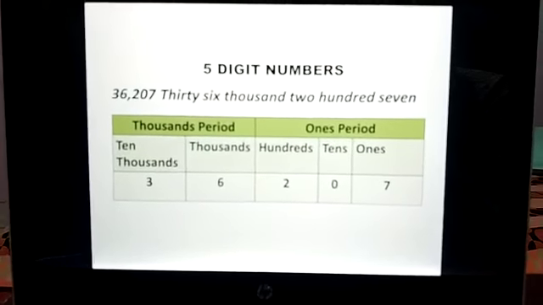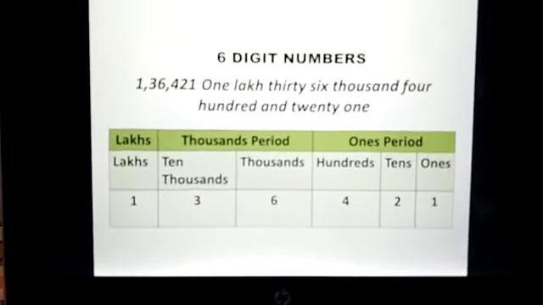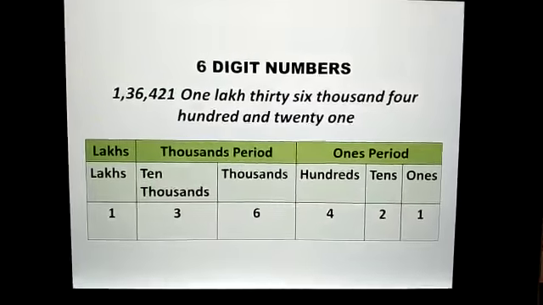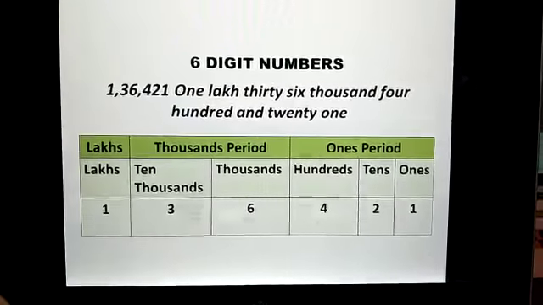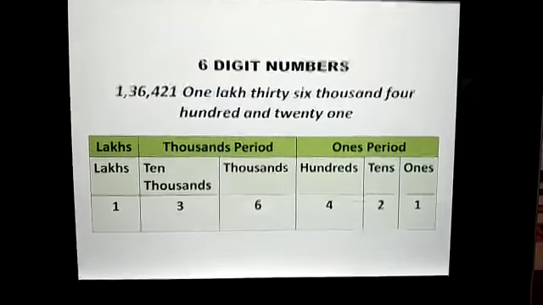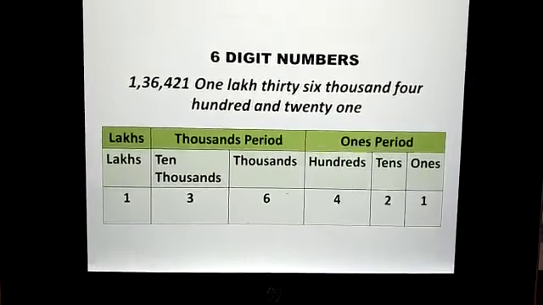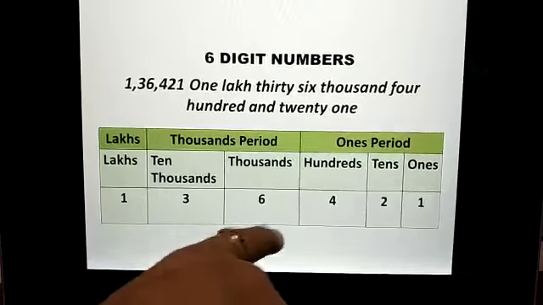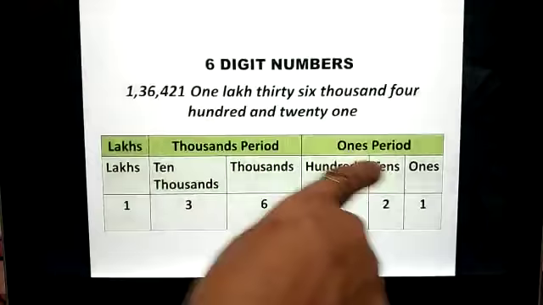Next we go to the 6-digit number. Now here we know the greatest 5-digit number is 99,999, and when we add 1 to this number, we get the smallest 6-digit number, which is 1 lakh. We see the number here, and we see the place values also.